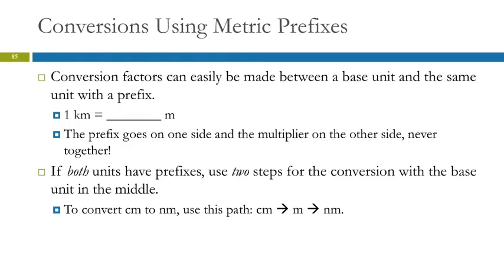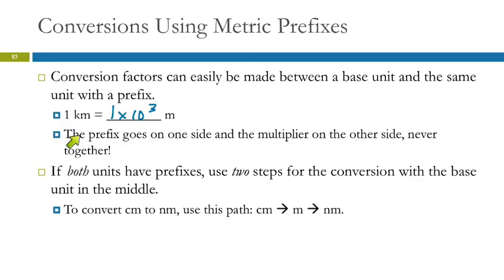So here, if we want a relationship between kilometers and meters, 1 meter is equal to 1 times 10 to the, what does kilo mean? 10 to the 3. We use a lot of scientific notation in Chem 1A. If you are unfamiliar with that, I think there's an appendix in the back that goes over that. I'd be happy to review it with you, but I'm not going to lecture on scientific notation.